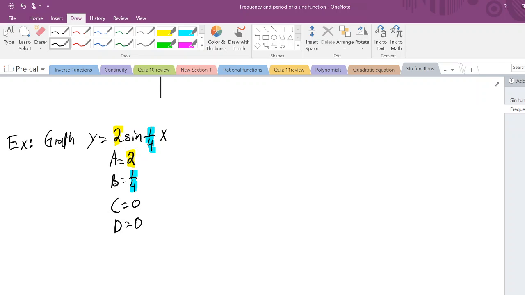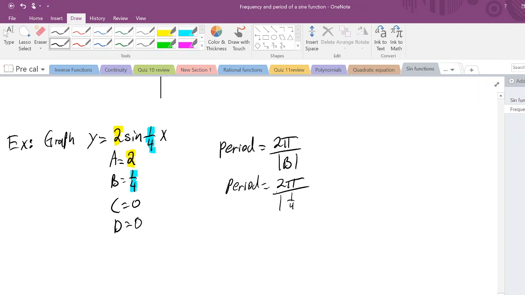The first thing I told you to do is we got to figure out the period, right? So the period is equal to 2 pi over the absolute value of the frequency. So what is our frequency? So our period is equal to 2 pi over the absolute value of 1/4, which is just 1/4, right?